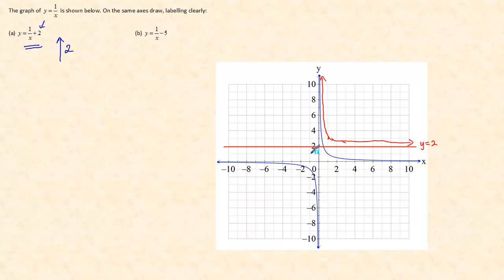And it's going to go through this point just here, but it's going to come up the y-axis, over, and then it's going to tend to y equals 2 along here. So this red one is y equals 1 over x plus 2.